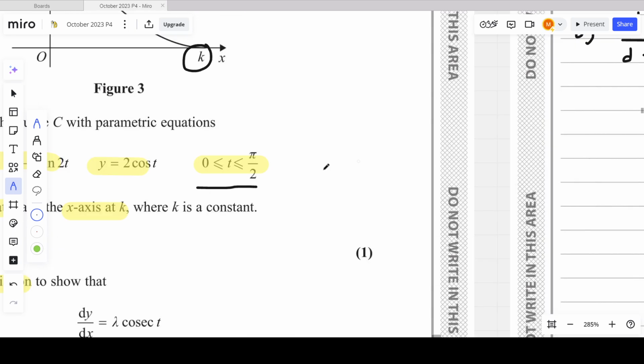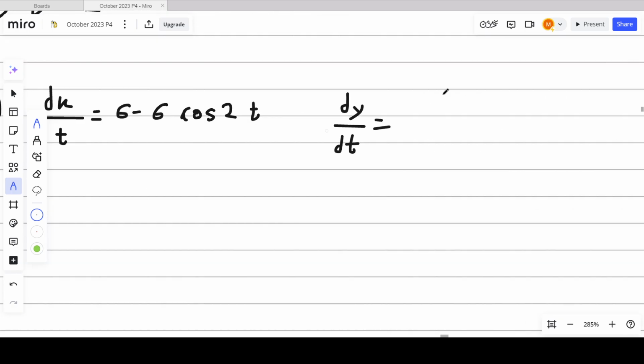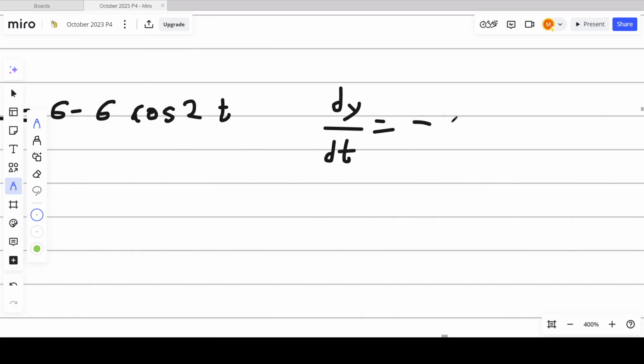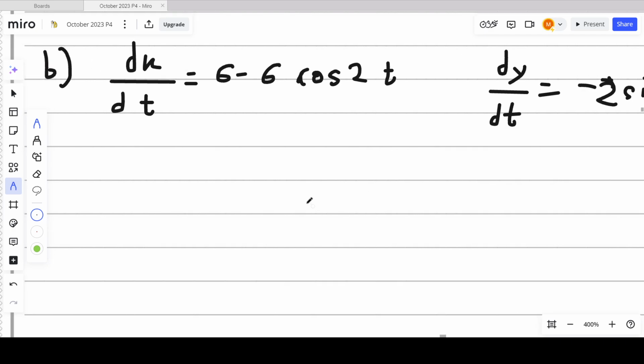And the derivative of the y parameter is negative 2 sine t. We have got the derivatives of the two parameters.